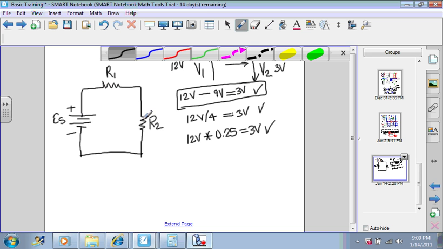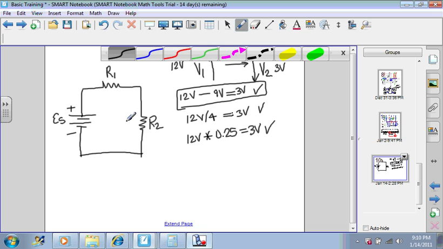You may have seen a circuit like this, and before, the idea was to get power from here to the load. Well, now our goal is to get from 12 volts to 3 volts.